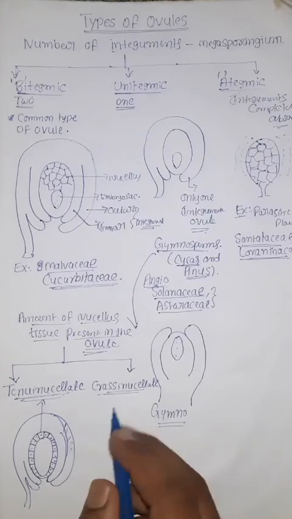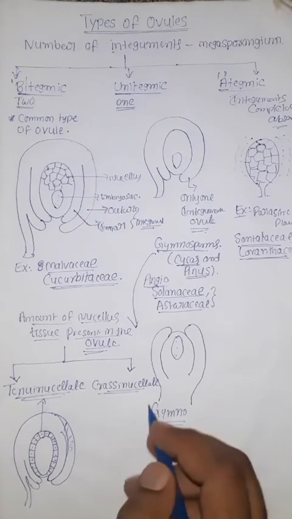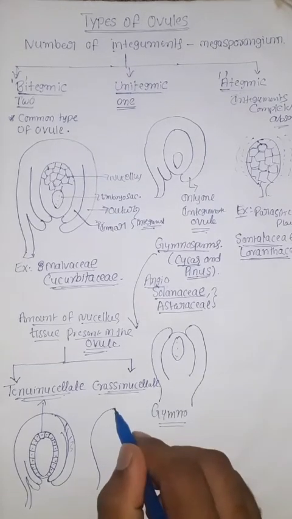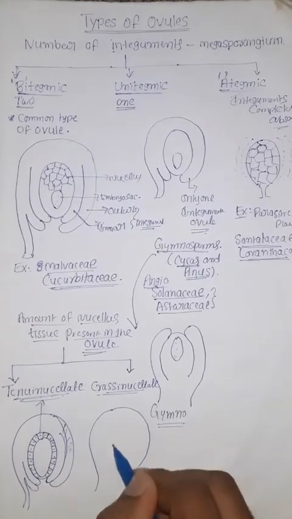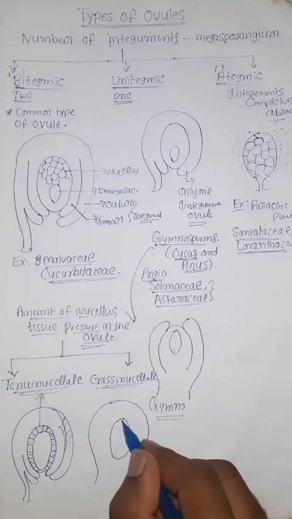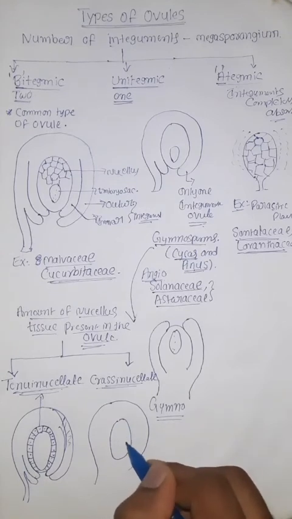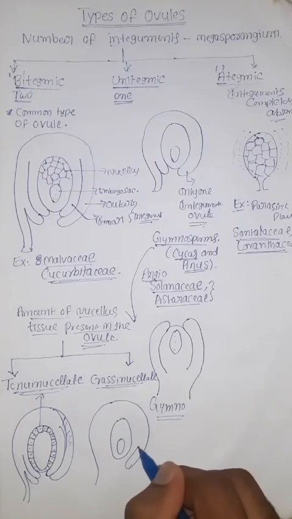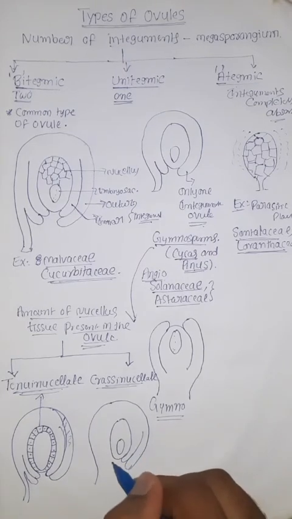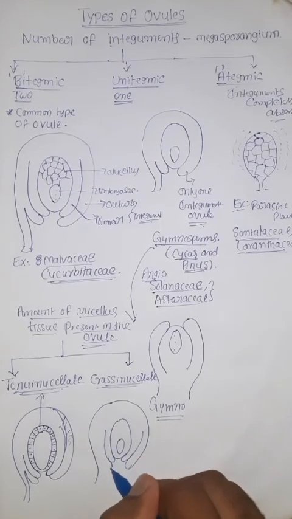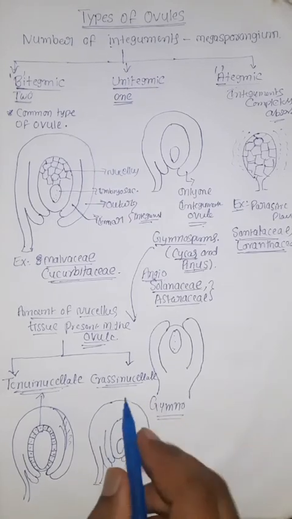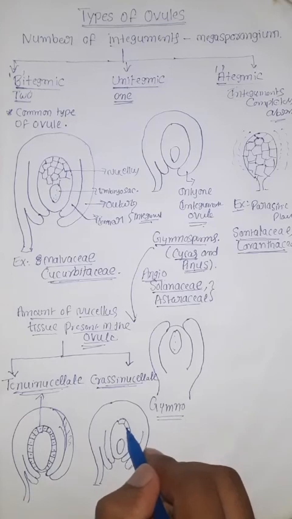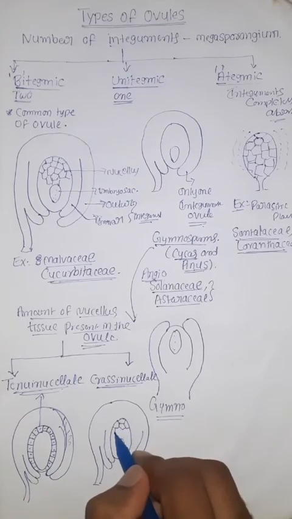Coming to the crassinucellate type of ovule, here it is completely opposite. Means here megasporangium, here embryo sac. These two are integument layers. In the crassinucellate type, the nucellus is bulky.